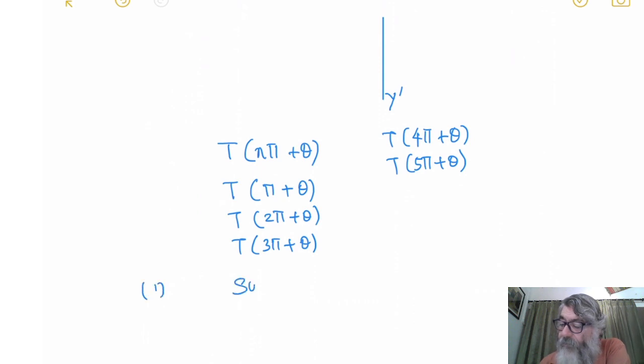So what is not changed? Sine will remain sine. Cos will remain cos. Tan will remain tan.